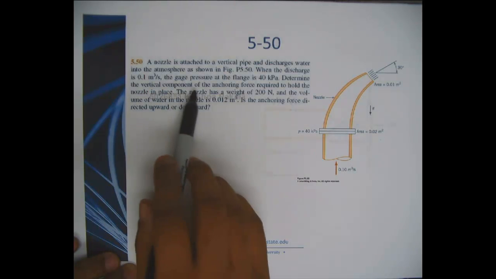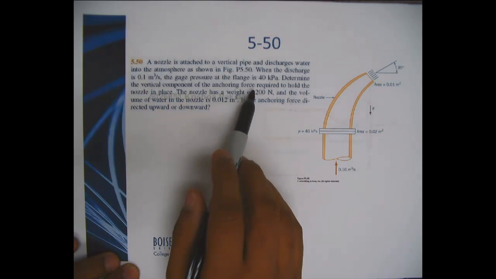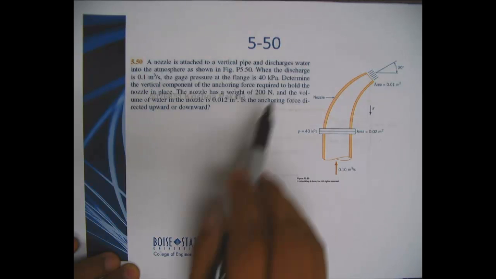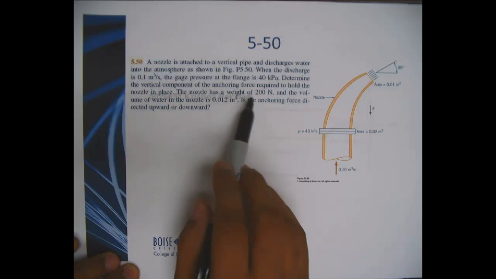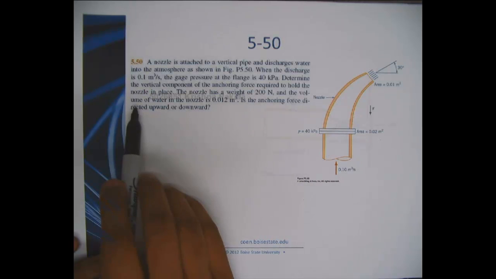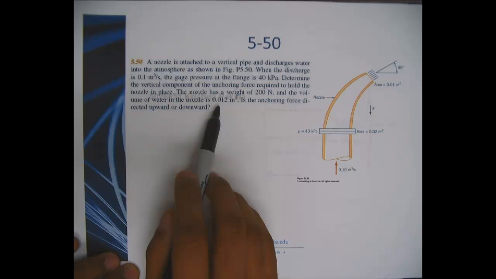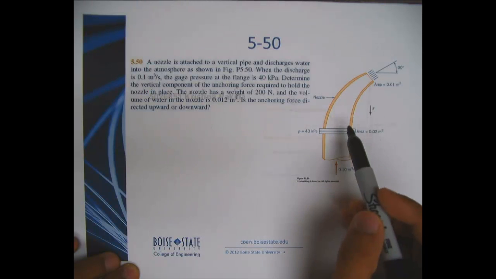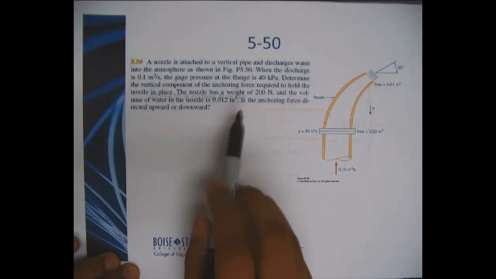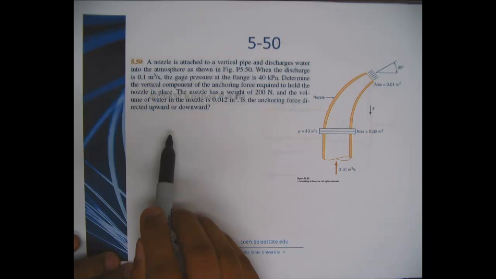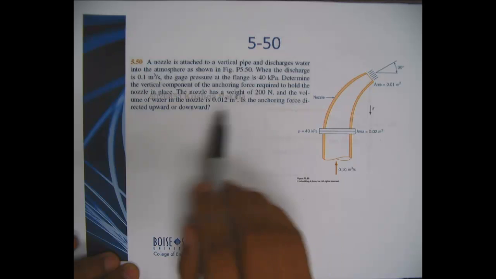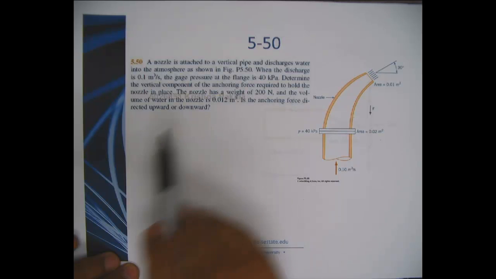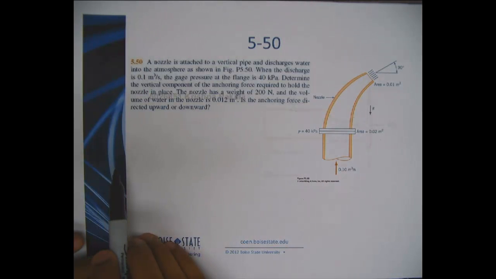You're asked to determine the vertical component of the anchoring force required to hold the nozzle in place. The nozzle has a weight of 200 newtons, and the volume of water in the nozzle is 0.012 cubic meter. That means you probably have to consider the weight of the water as well. And you're asked to determine: is the anchoring force directed upward or downward?